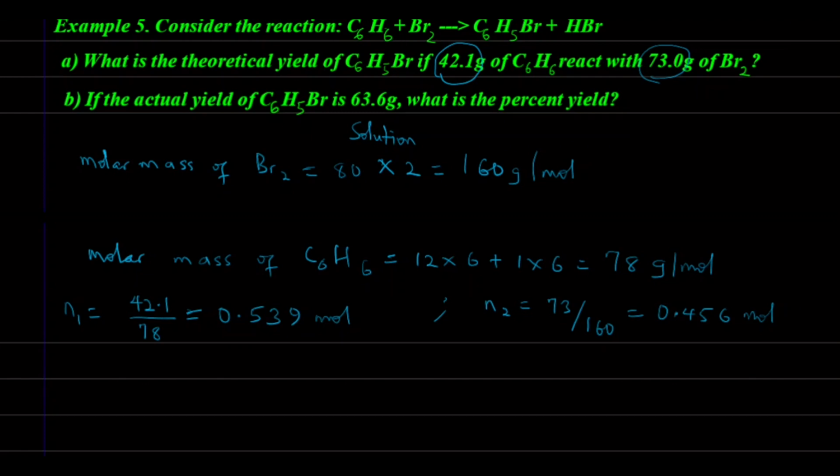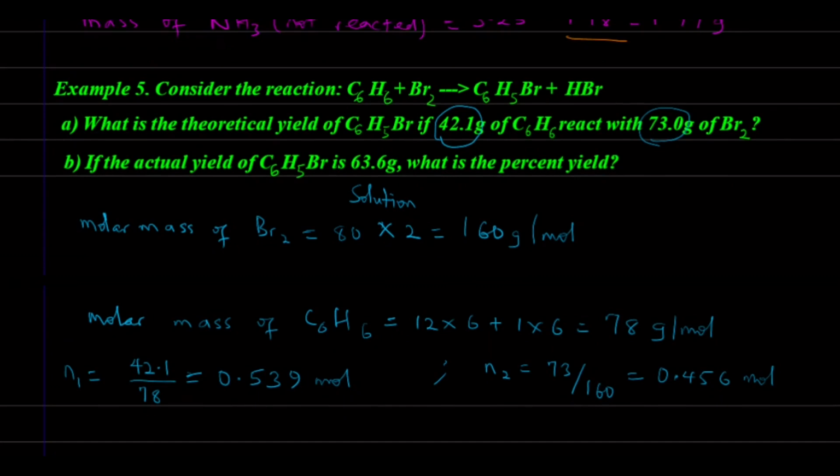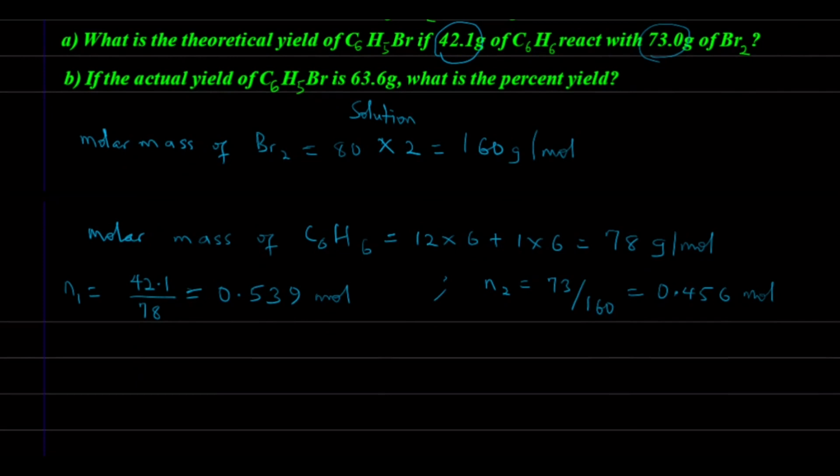The next step is for us to divide the moles by their stoichiometric coefficient. If we check the balanced chemical reaction, since the reaction is balanced, 1 mole of benzene is reacting with 1 mole of bromine molecule. So we divide by the stoichiometric coefficient. That gives us 0.539 divided by 1, its own stoichiometric coefficient is 1.